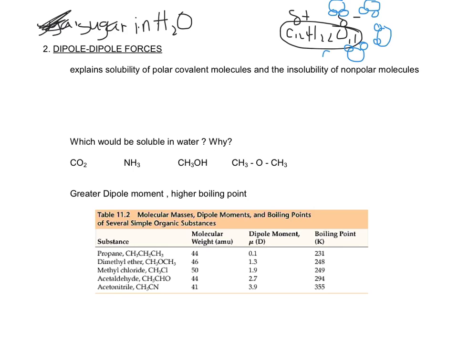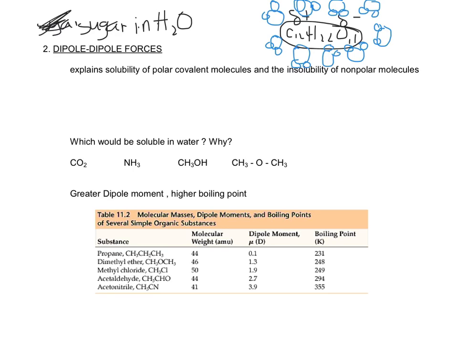And then the positive end will do the opposite. The oxygen portion of the water will be attracted to it. And so each of these sugar molecules will be surrounded by a whole bunch of water molecules. So again, when you dissolve it, you don't really see the sugar molecules, because each individual sugar molecule is surrounded by a whole bunch of water molecules, so all you see is the water.